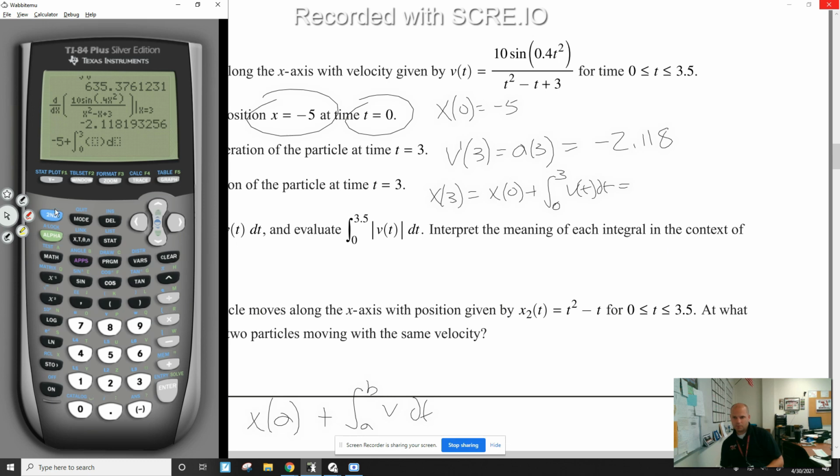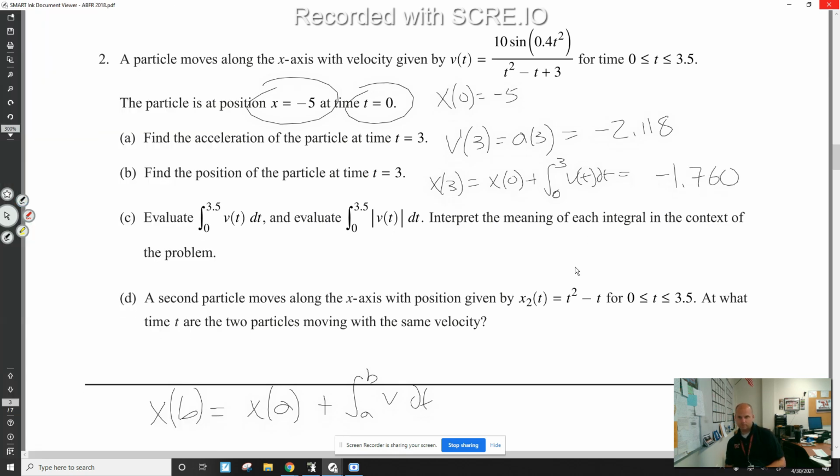I want to just plug it in, but I don't know how to plug that one in. 10 sine 0.4 x squared over x squared minus x plus 3. Boom, negative 1.760. Make sure you include that 0.